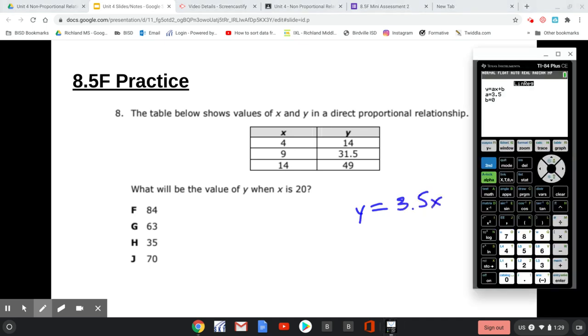So now I'm going to use that in my calculator. I'm going to hit y equals, and I'm going to put 3.5x. And now I'm going to hit second table. There's my values. So now I can go down to 20, and I can see y is going to be 70. Okay, so your answer would be J.